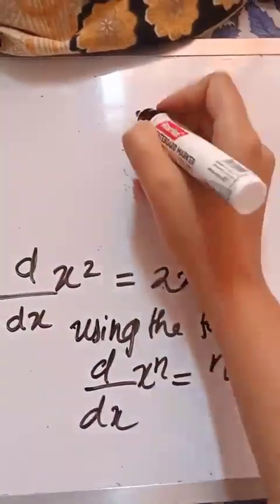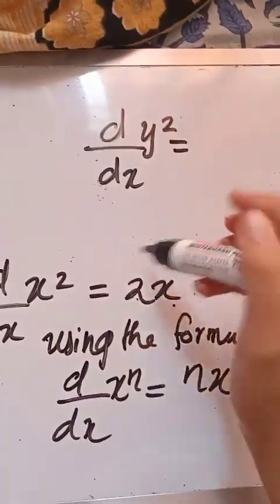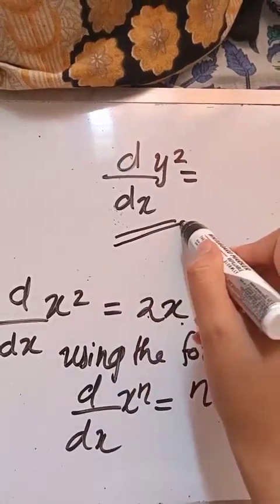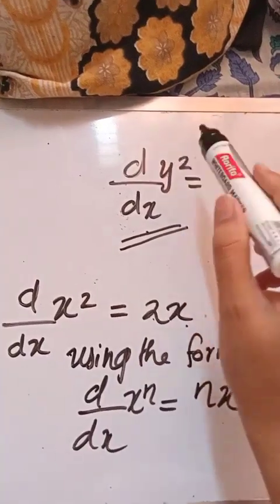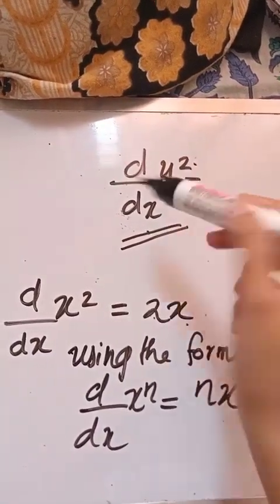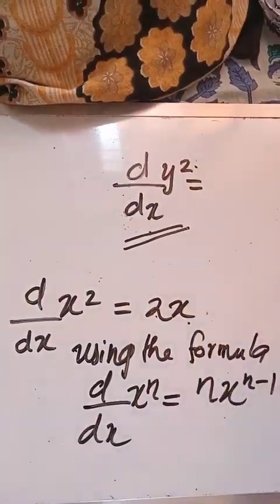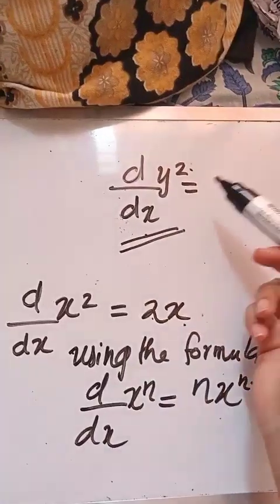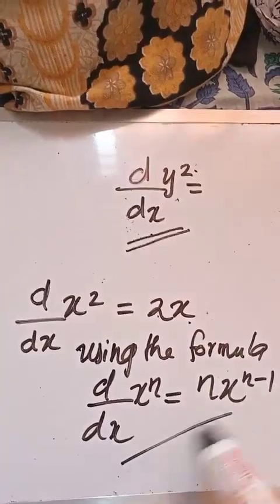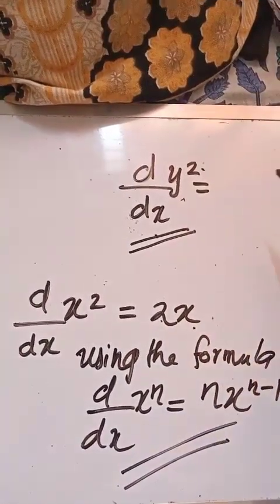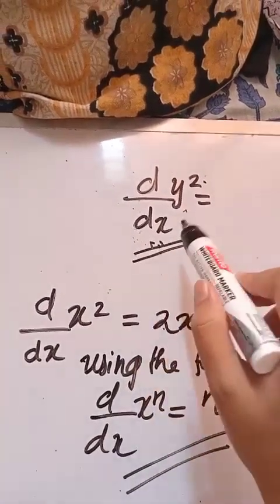So we can do this, dy by dx into y square, in the same way, but look at the denominator. Here the differentiation is in terms of x, but we have to differentiate y square. Since the differentiation is in terms of x, first of all we differentiate y square using this formula. Then we have to again differentiate y, because the denominator is in terms of x.